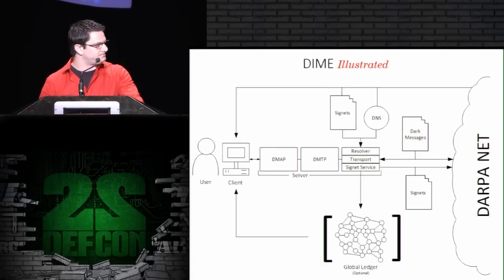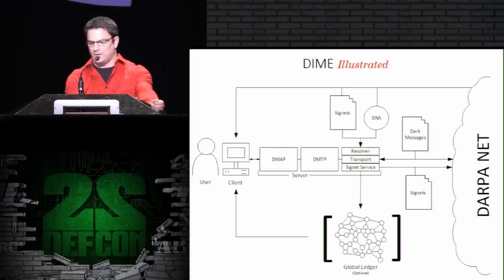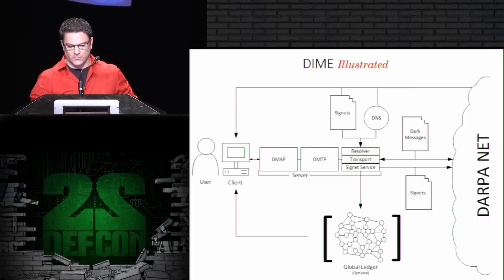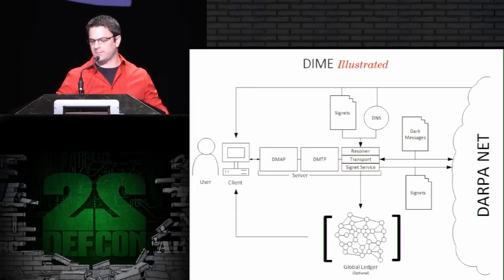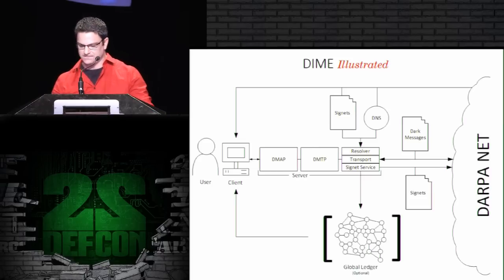What is DIME? Quite a lot of different moving pieces. It's 2 protocols, 2 formats, and a management and configuration record in the DNS system. We've got the dark mail transfer protocol, which is an unauthenticated protocol that provides inter-domain message transfer and key lookups.